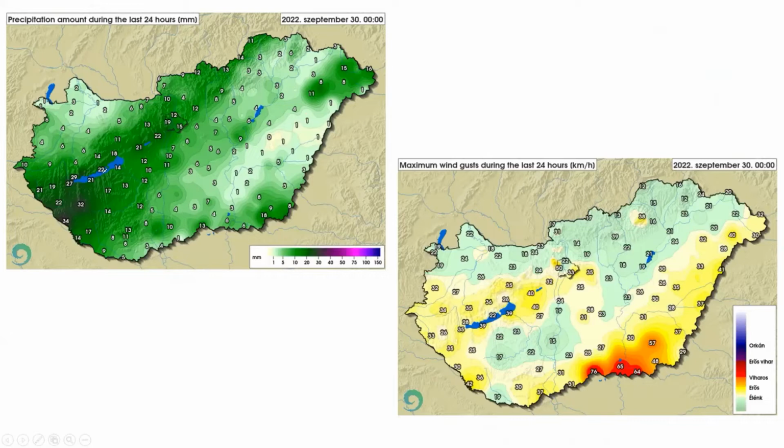I hope you can see in this precipitation map an extensive axis, southwest northeast axis, from the southwest boundaries across the Lake Balaton, across our capital city Budapest, to the northern mountains.